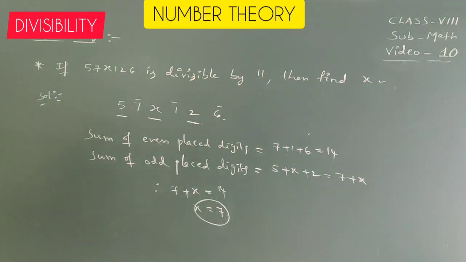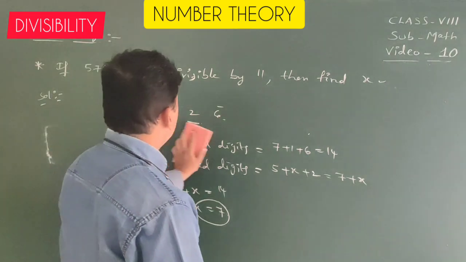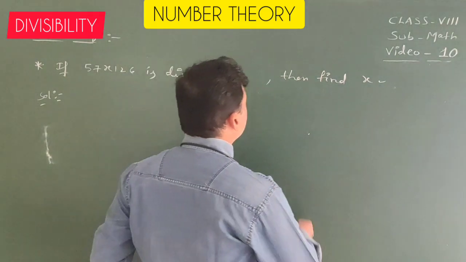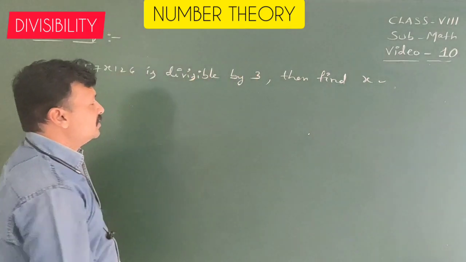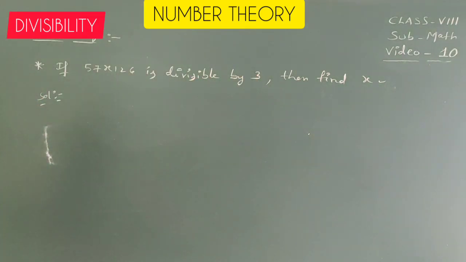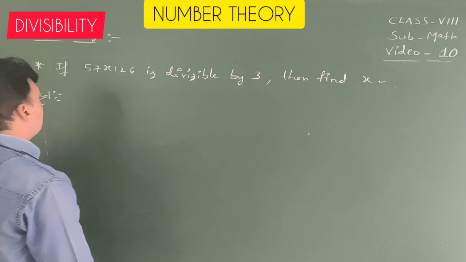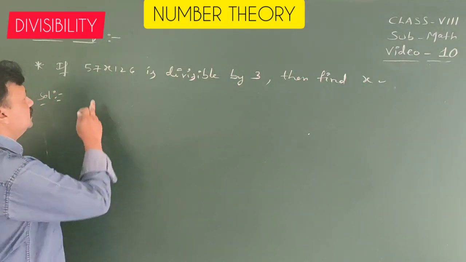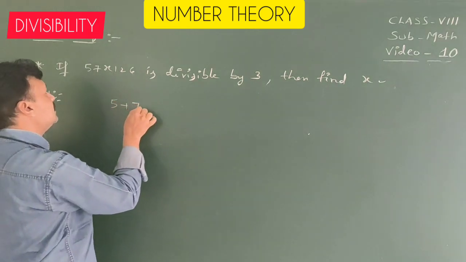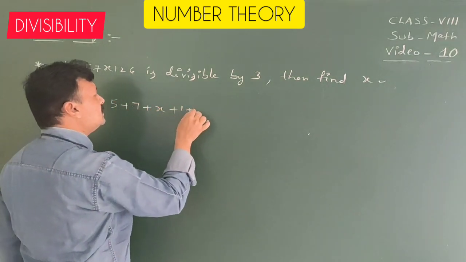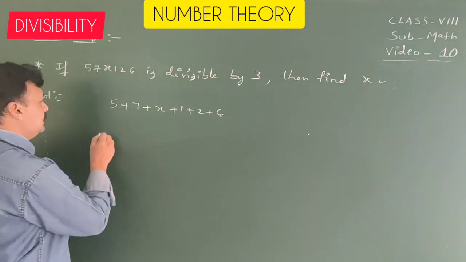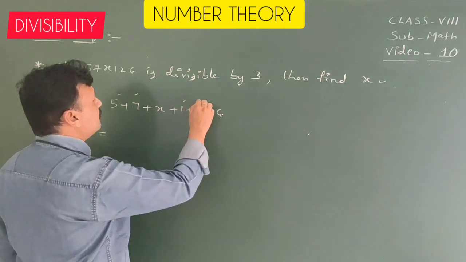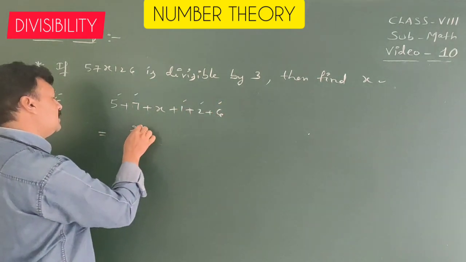Next, for the same problem, suppose the number is divisible by 3. What are the possible values for x? The sum of the digits must be divisible by 3. Here 5 plus 7 plus x plus 1 plus 2 plus 6 is 12 plus 9, that is 21 plus x.